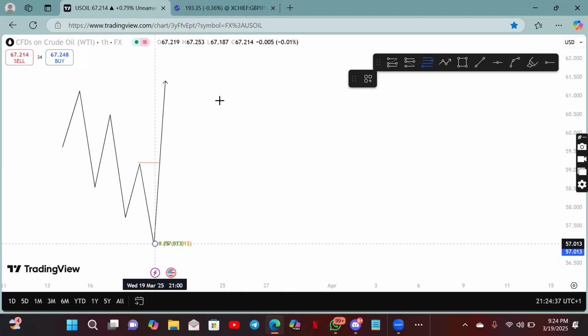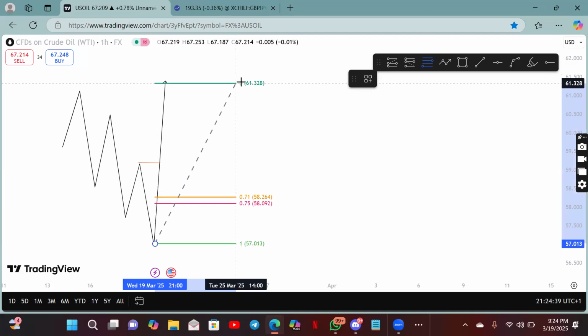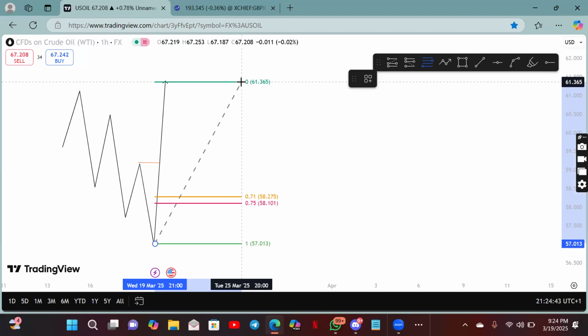The way I did this Fibonacci is actually different. This one gives you just the discount price. That's 78 points, but this is 71 to 75. I can't just start setting it now because I use this fib very well.